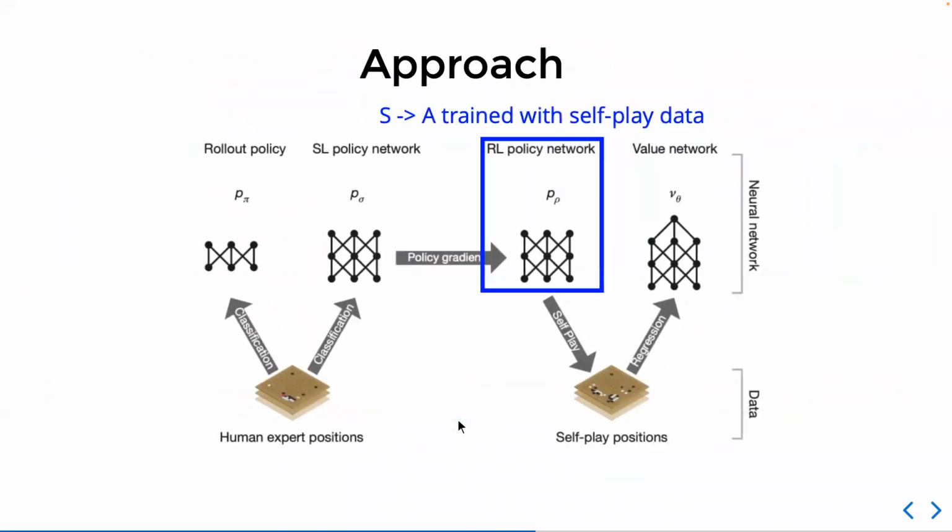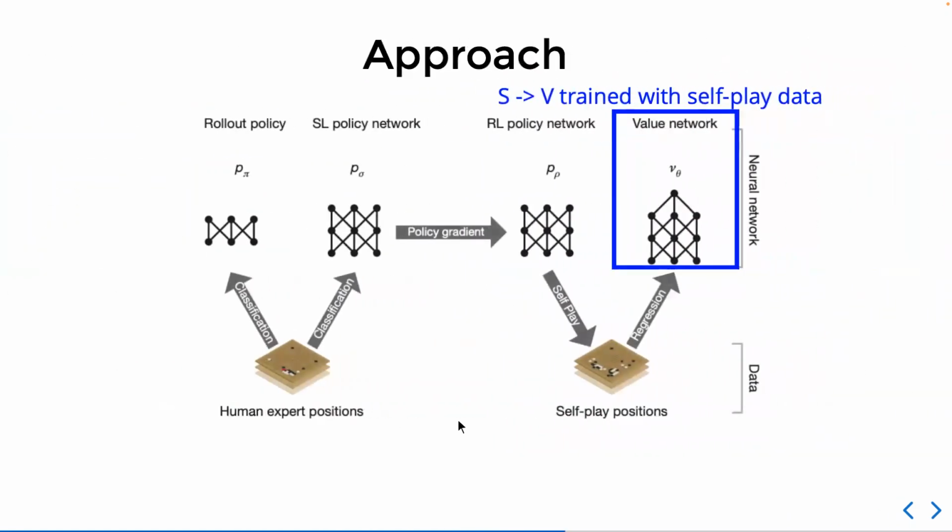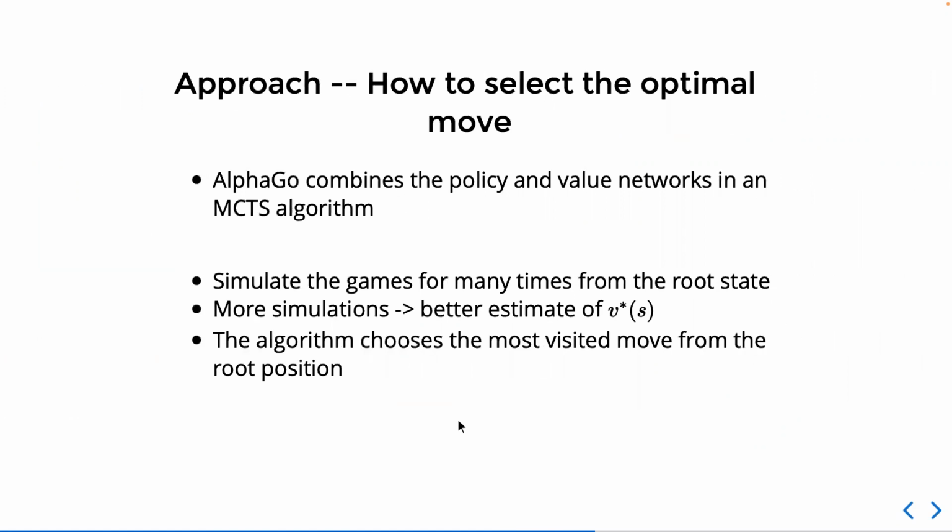The RL policy network is trained with self-play data. The value network, which maps from state to value, is trained with self-play data. AlphaGo combines the policy and value networks in a Monte Carlo tree search algorithm.